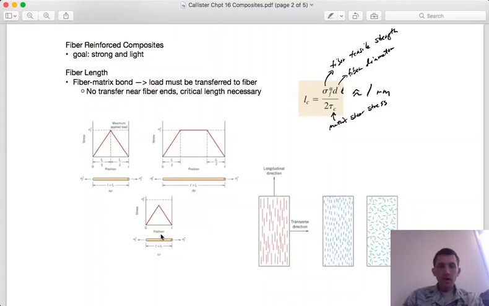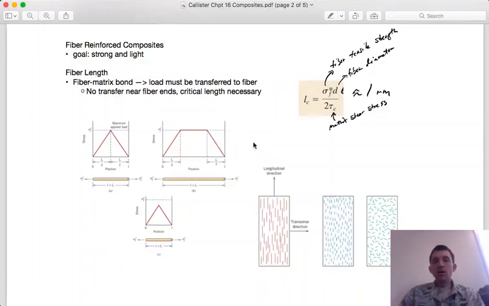If you're below this critical length, then you never actually get the maximum applied load, the maximum development of this interfacial bond. And if you have a fiber that is longer than this critical length, then you have a good proportion of the fiber length where you have this maximum applied load.